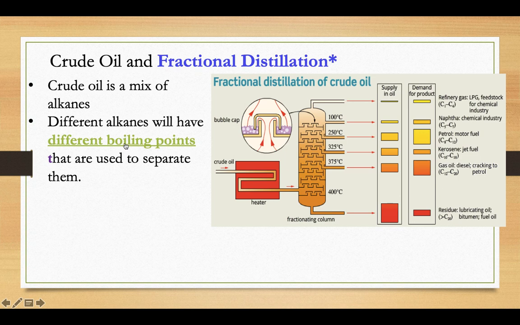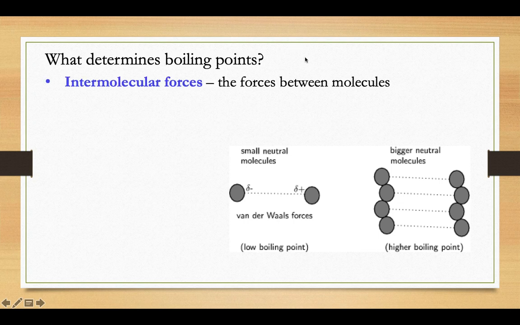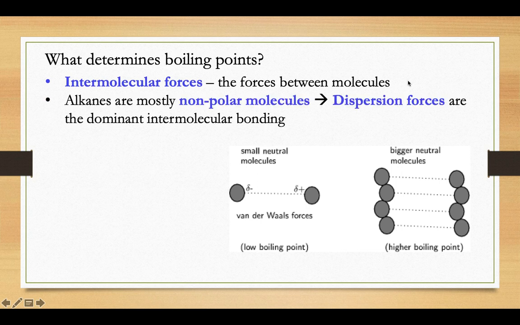Now, there is something that we need to revise. What determines boiling points? That is intermolecular forces, the forces between molecules. Alkanes are mostly non-polar molecules, which means that dispersion forces will be the dominant intermolecular bonding between them.